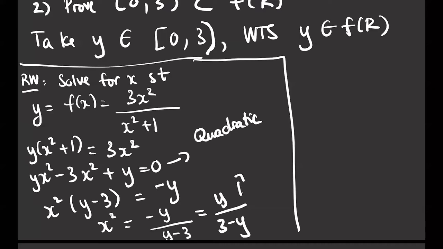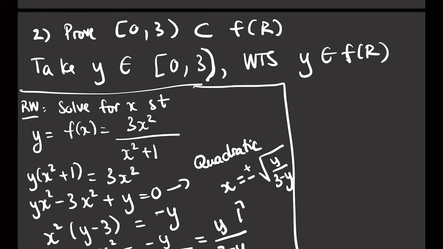So I know that I can have two solutions here, plus or minus the square root of y over 3 minus y. But I will pick only one, because I just need to show that there exists an x. I don't have to show all the x that I can get. So I will pick the positive value.